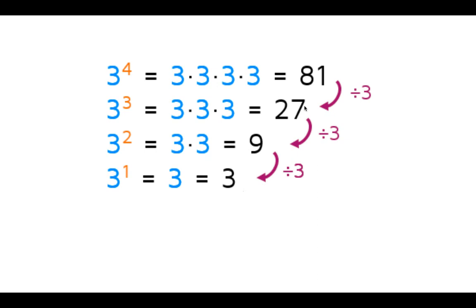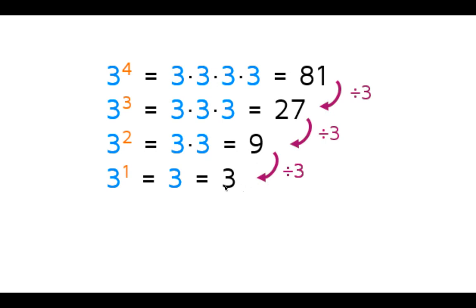Oh, I divide it by 3. How do I get from 27 to 9? I divide it by 3. How do I get from 9 to 3? I divide it by 3. So that pattern happens as I decrease the power by 1 here. My evaluated result here is divided by 3 every time.